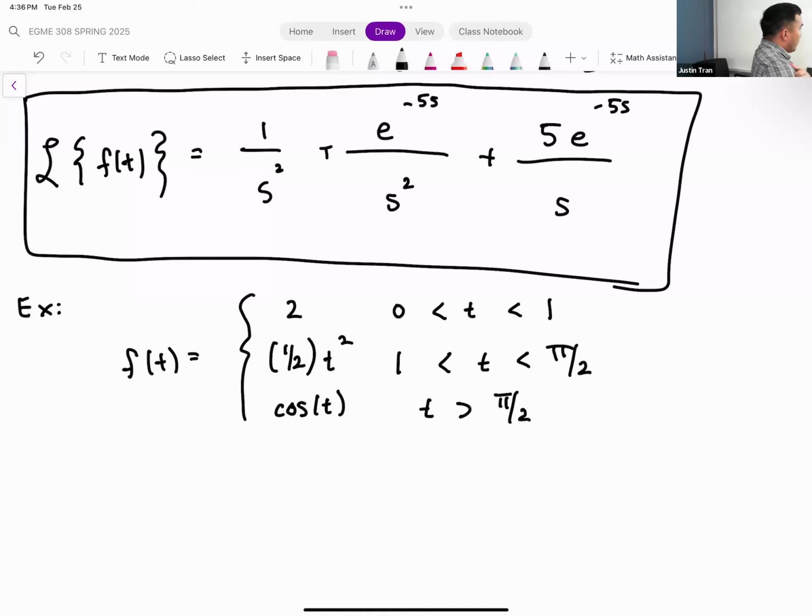Okay, same thing we did in the last problem. Let's first represent this as one expression using step functions.